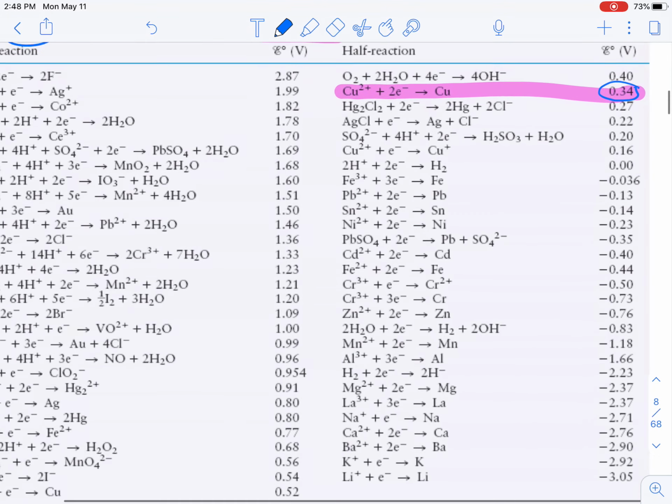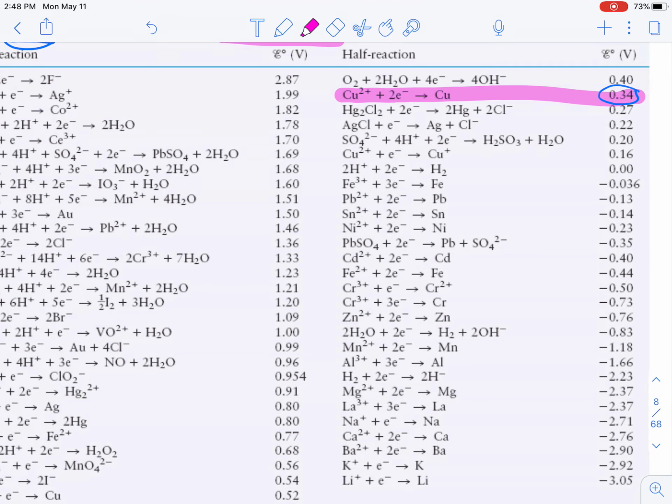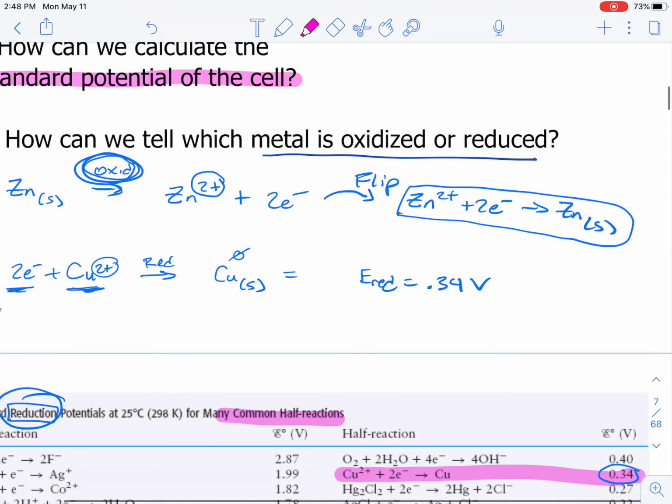Scanning through my list, it turns out that I have a reduction potential that is negative 0.76 volts.